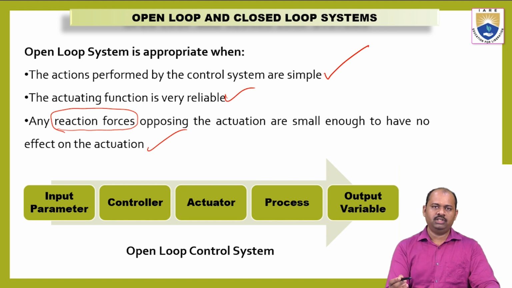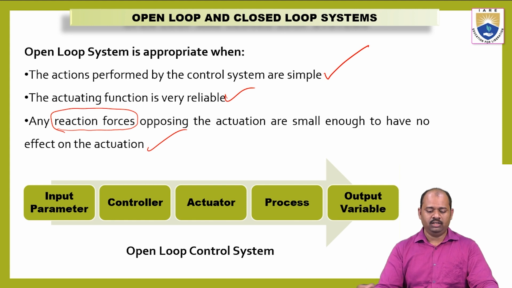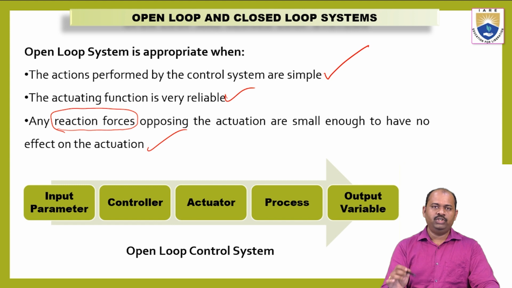If these motions are opposed by any reactive forces, like any stoppages, say I keep an object on the machine and it is rotating, and some obstacle stops the rotating motion of the object, then we should have a closed loop feedback system to know that the object has been stopped.